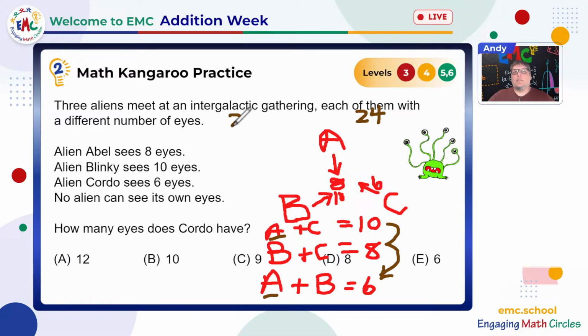So we're going to have 2 A's from there. We're going to have 2 C's from here. And we're going to have 2 B's from here. And when we add them all up, we get 24.